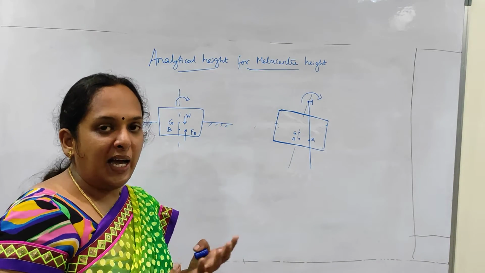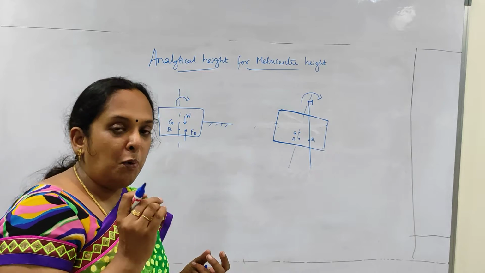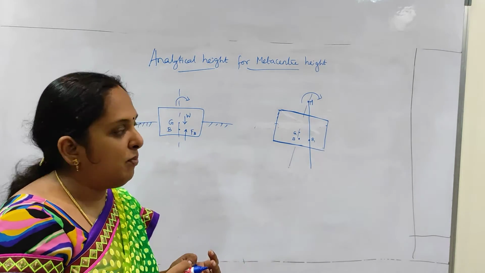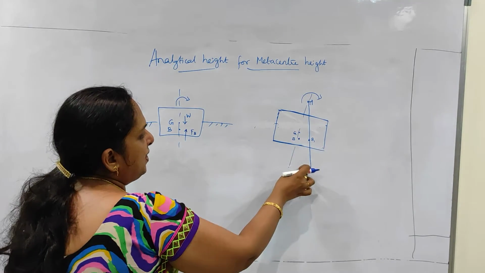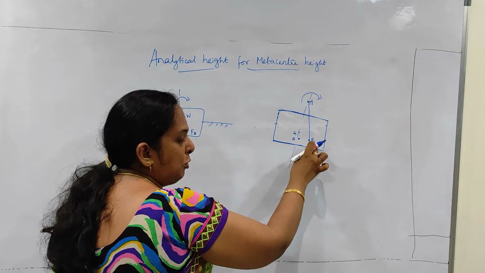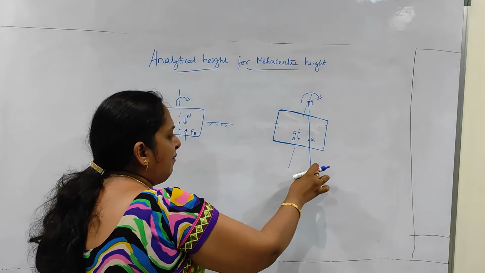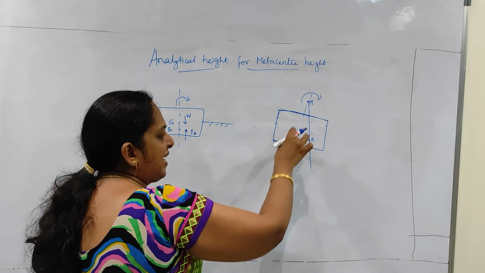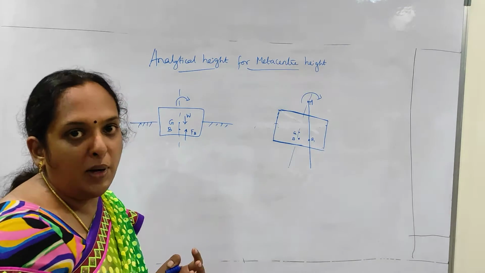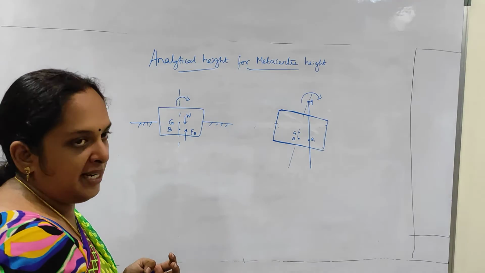Because of the angular displacement, the point about which the body keeps on oscillating is said to be a metacenter. From this diagram, we can see the buoyancy is shifted to a new position B1, and when we draw a line which intersects the axis at a certain point, that point is M, and that point is said to be the metacenter.